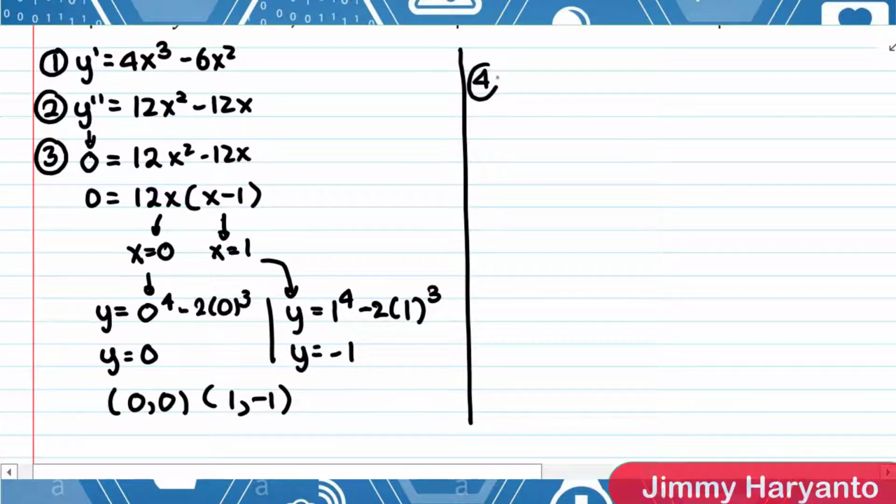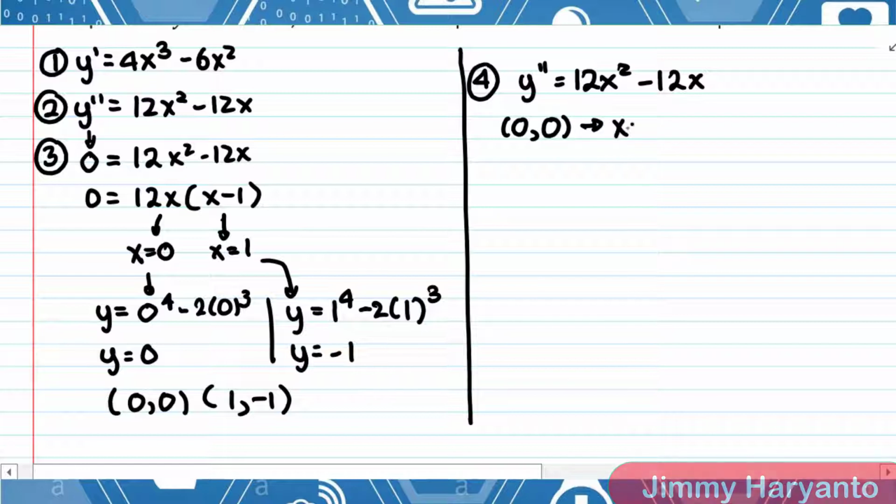Next we have to use the second condition to determine whether the point is an inflection point or not, which is for x equals 0. For x equals 0, we have to find the before and the after, yeah.